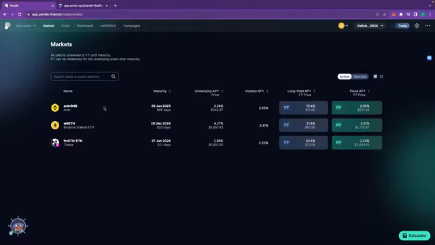So the question you should ask yourself for every single market is, say for example, this Binance Tech ETH market, right? The question should be, is the implied APY fair for this market? Is 3.31% a fair value for yield of Binance Tech ETH from now until December 2024, basically from 500 days?